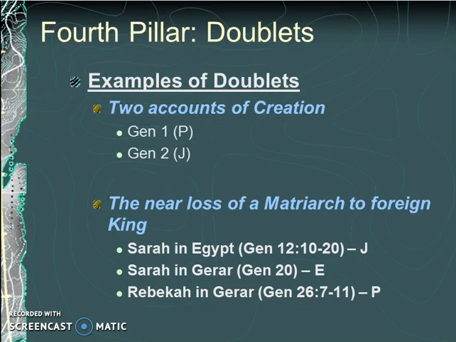And presumably these are very unusual types of things to happen 3 times, twice to the same patriarchal wife, twice in the same place by different patriarchal wives seems highly unlikely. And they argue that, well, these 3 accounts represent 3 sources, Genesis 12 J, Genesis 20 E, Genesis 26 P.